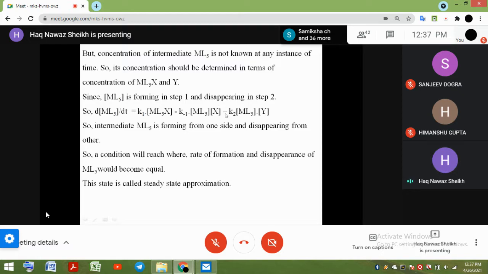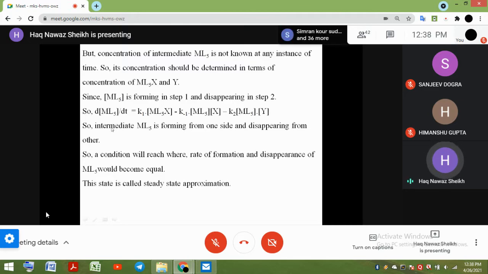It is also decomposed by the second step, where the intermediate reacts with Y and forms the product. So the intermediate is formed in the forward reaction of the first step, consumed in the reverse of the first step, and also consumed in the second step.